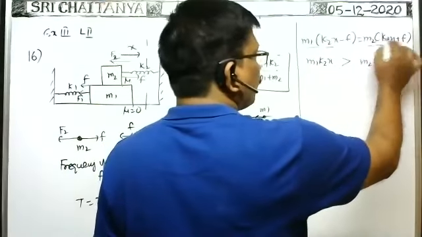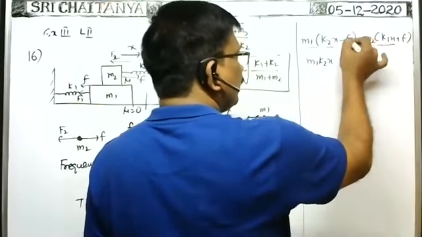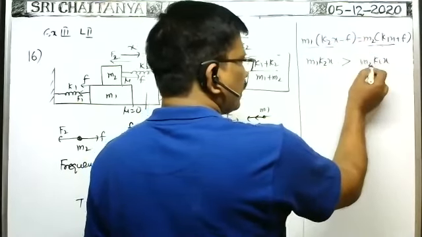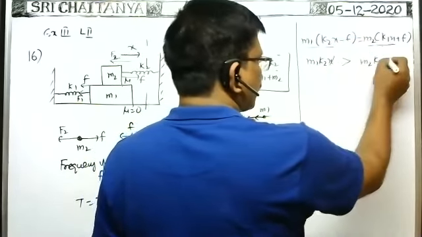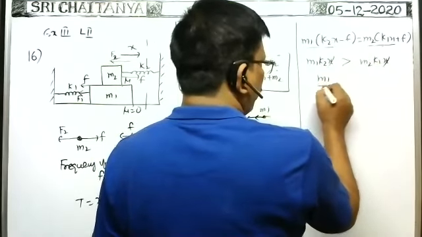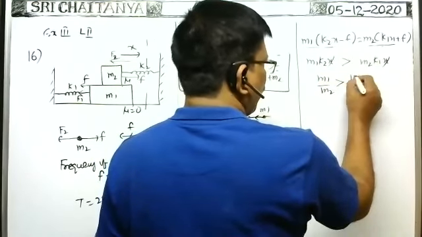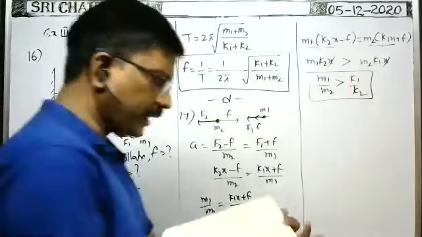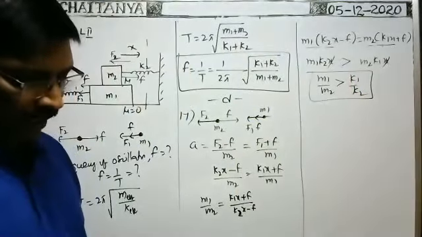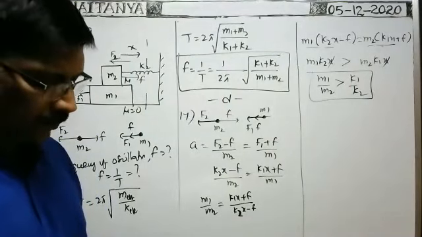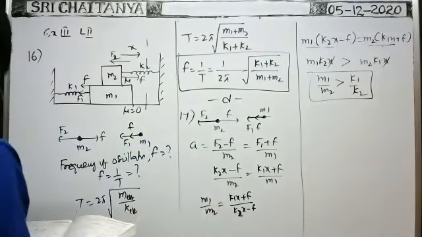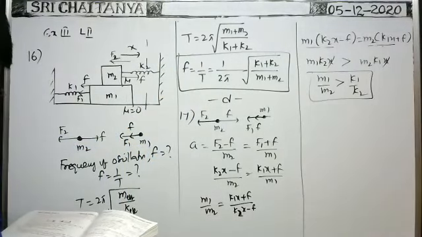Since adding M2 f to M2 K1x equals the subtracted value, definitely M1 K2x is greater than M2 K1x. So here x cancels. Therefore M1 by M2 greater than K1 by K2. That is the relation between M1, M2, K1, K2. M1 by M2 greater than K1 by K2. Okay, that is over. Next is 18th problem.